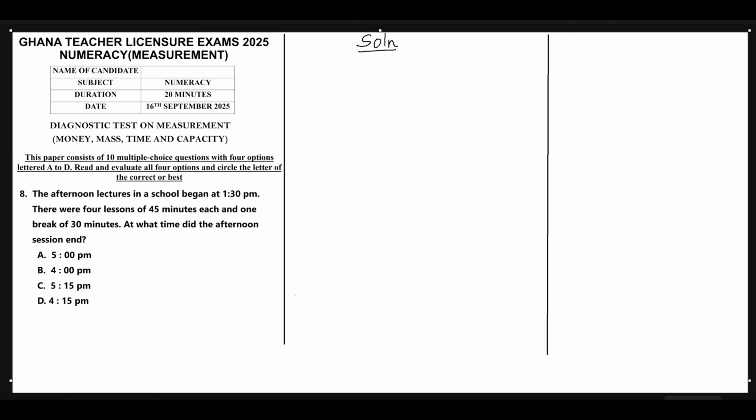First, there were 4 lessons with a duration of 45 minutes each. So 4 different lessons, and then each lesson had a duration of 45 minutes. So let's calculate the duration for the entire 4 lessons.